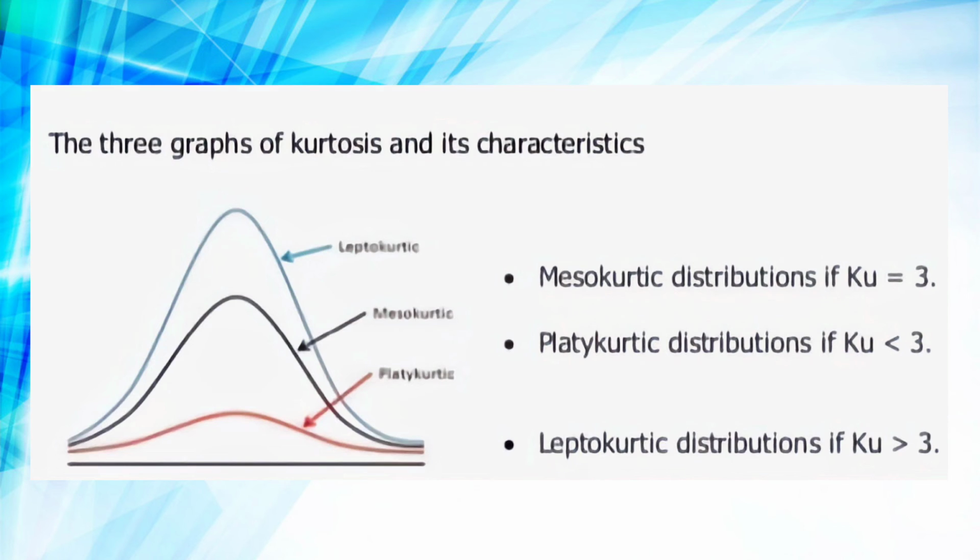And the last one is what we call the platykurtic distribution, if Ku is less than 3. Kurtosis is obtained using the following formula. Kurtosis is equal to the summation of x, the class mark, minus the mean raised to the power of 4, over n, which is the sample size, times the square of variance.